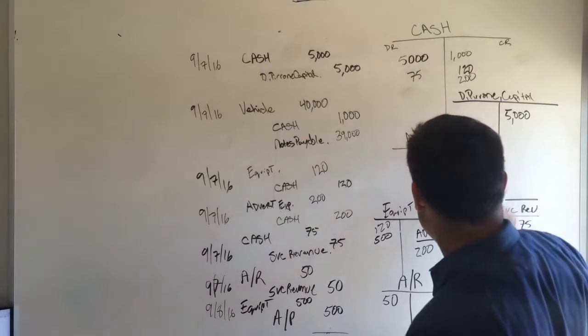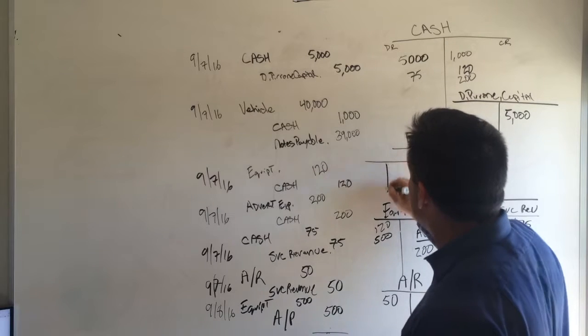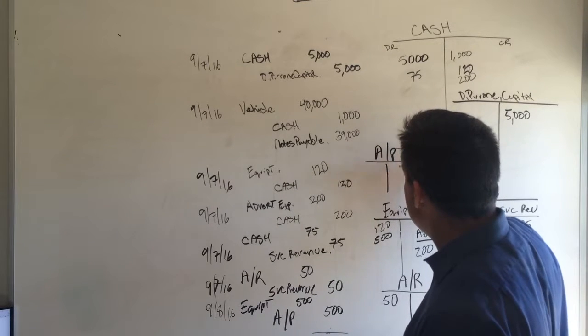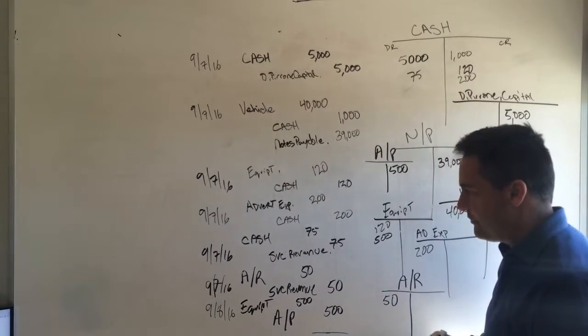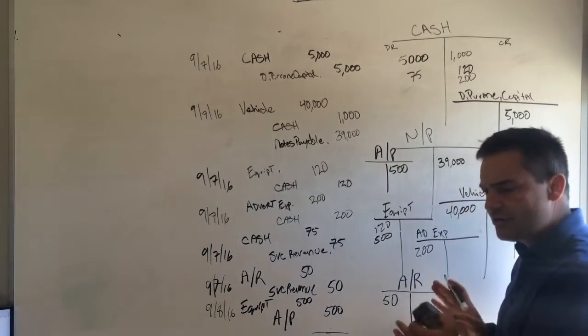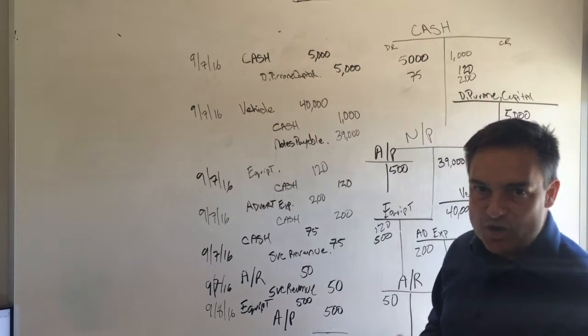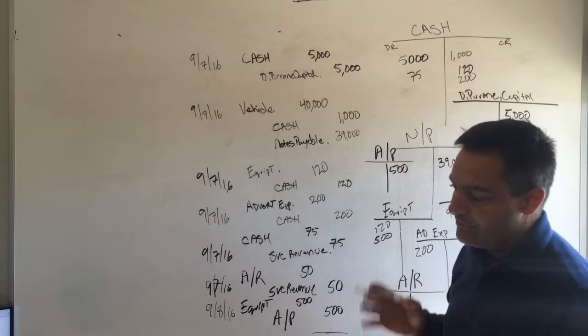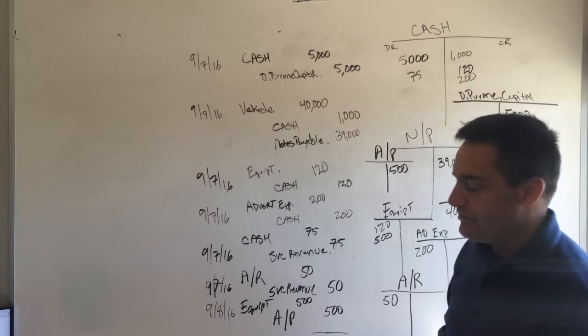I just want to make sure I recorded the accounts payable. Accounts payable has a credit balance of now $500. Again, the T accounts are not required, but it does help you show what's going on within the account. And it becomes very, very helpful when it comes to creating the financial statements.